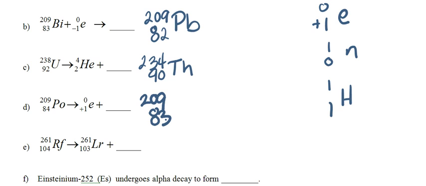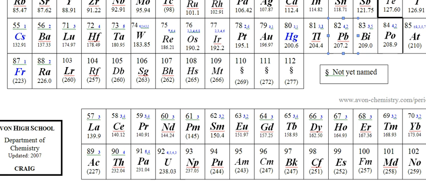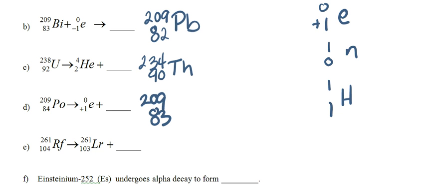So we need to find our element that's 83, and it looks like it's up here. Looks like bismuth. Okay, so we want to go back, and let's get bismuth. So Bi. Okay, so bismuth-209 in that case.